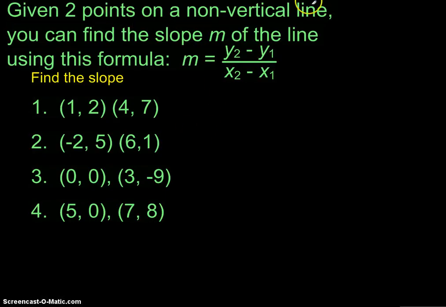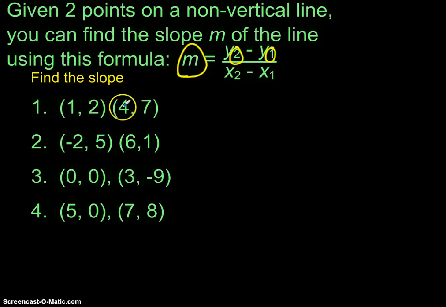Now finding slope from 2 points is pretty easy. The formula is given by this, m, which always means slope in math. We see the letter m, it's talking about the slope. y2 minus y1 over x2 minus x1. These are called subscripts. It doesn't mean you square the 2 or do anything mathematical to the 2.